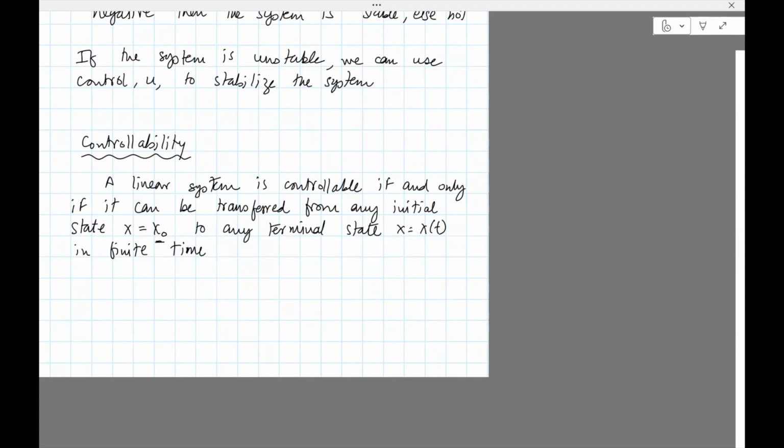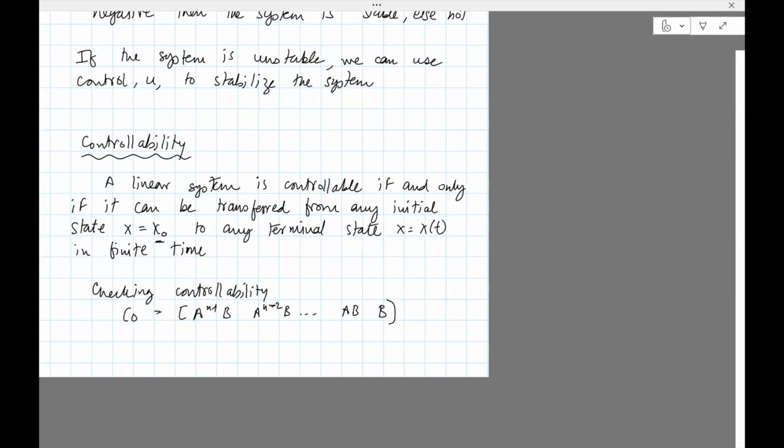For checking controllability, you need to compute a matrix which is called the controllability matrix, which I'll call CO: A^(n-1)B, A^(n-2)B, and so on till AB, B.